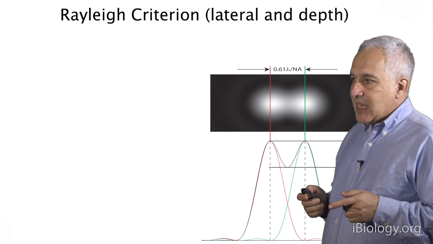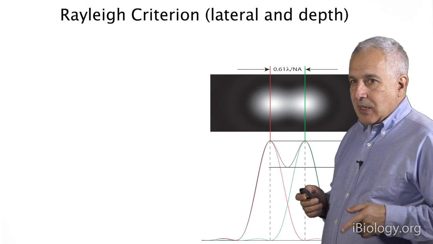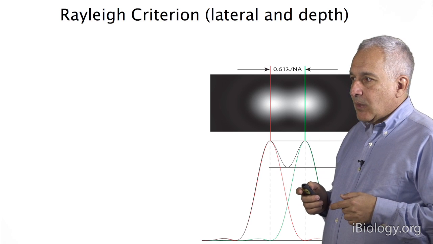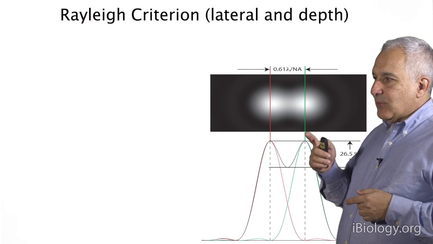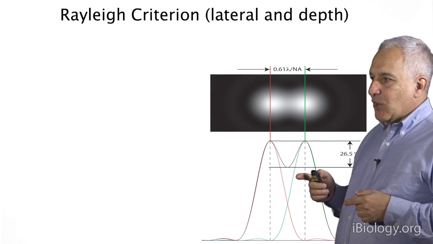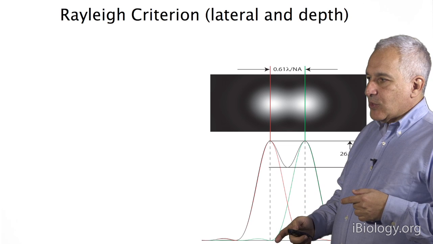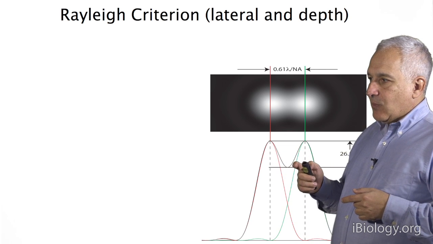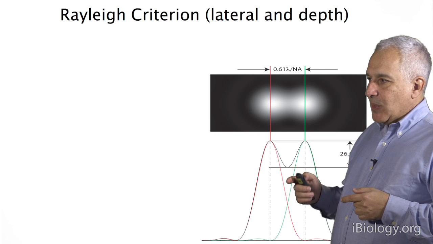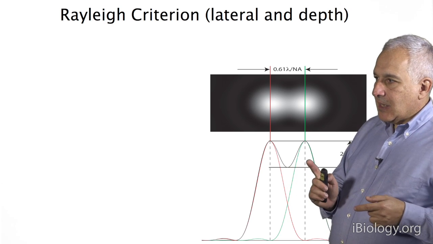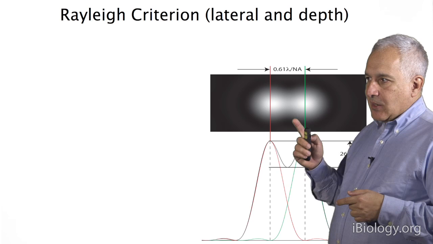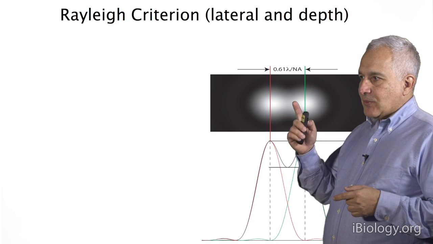If we look at the intensity profiles of these points with a line going through them, we can see that if we put them at 0.61 lambda over NA, the peak of each one is sitting at the first dark ring of the other, and where their intensities add right between, you drop the intensity by about 26% from the intensity at the peak.